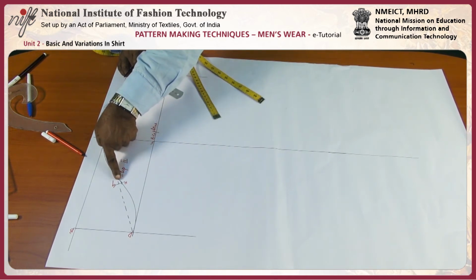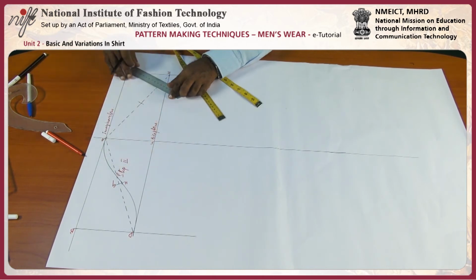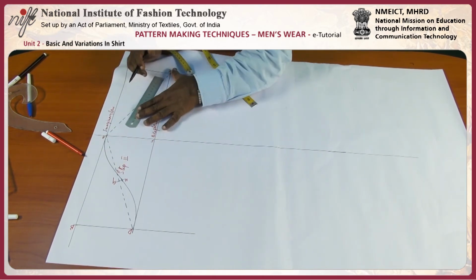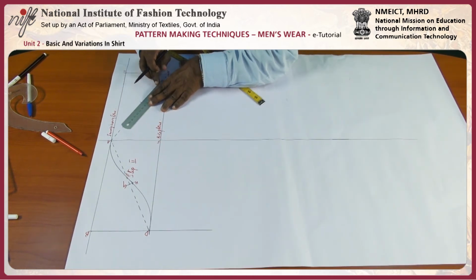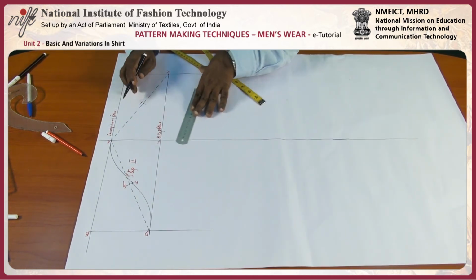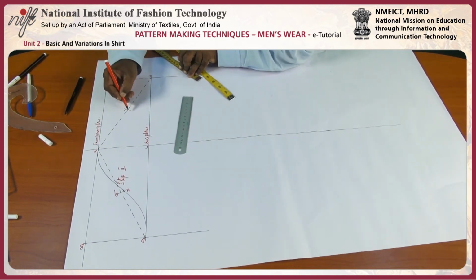Here it's measured facing towards the bicep line. So give a cross mark. These will be I and J.